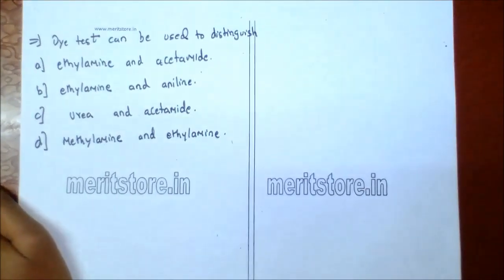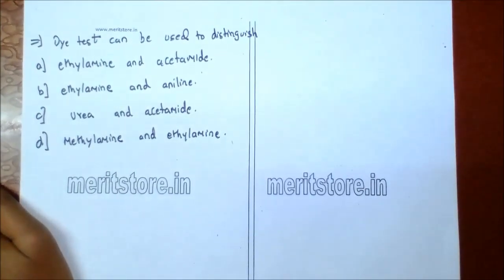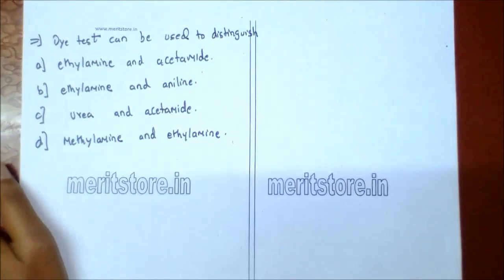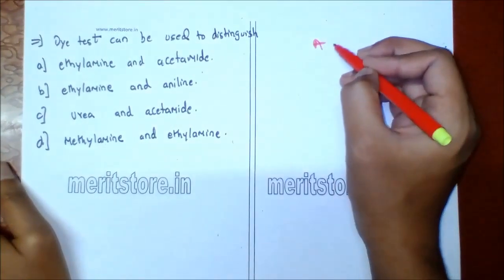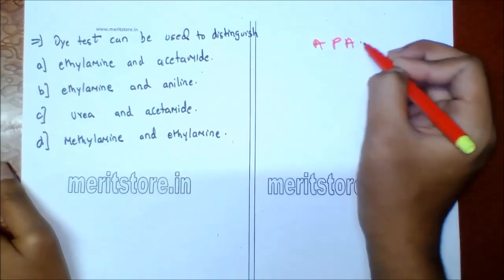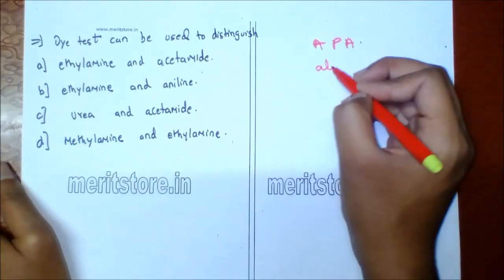Dye test can be used to distinguish A. ethylamine and acetamide, B. ethylamine and aniline, C. urea and acetamide, D. methylamine and ethylamine. The dye test is given by aromatic primary amines and not by aliphatic amines.